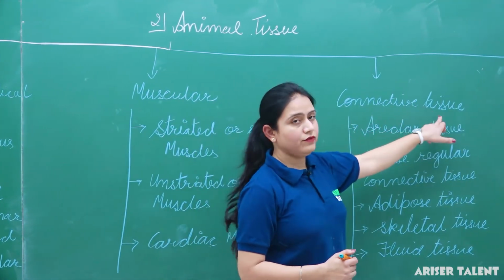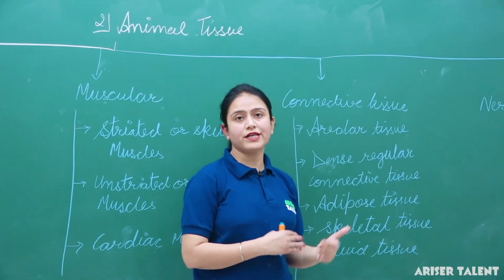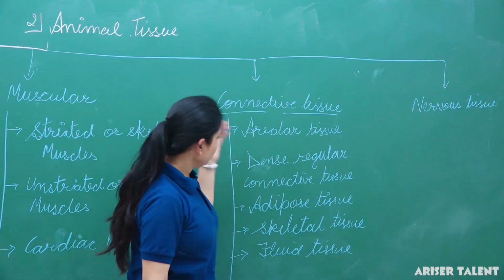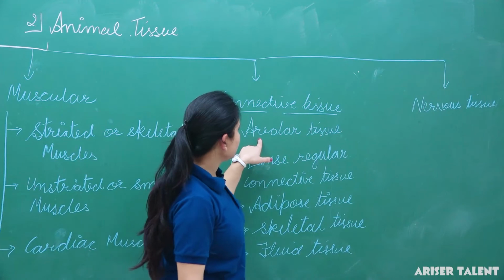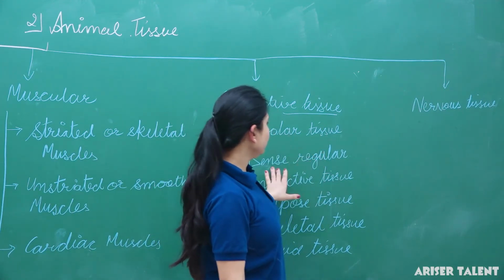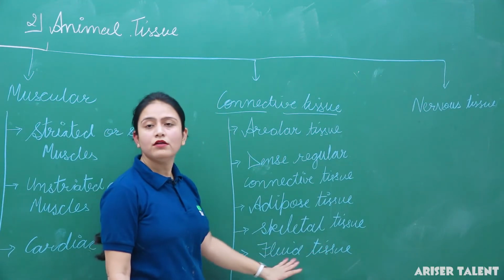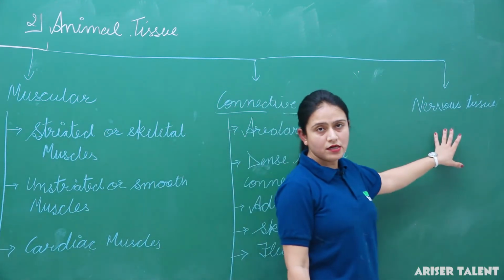Another one is connective tissue. Connective tissues means tissues which connect two things together. It has these parts: areolar tissue, dense regular connective tissue, adipose tissue, skeletal tissue and fluid tissue.